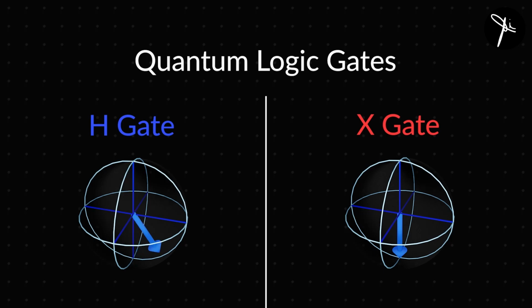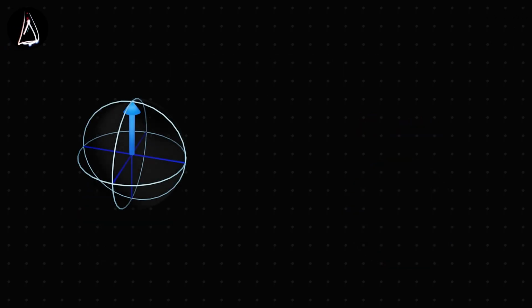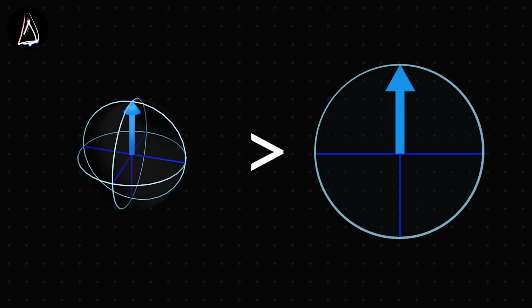From here, applying the H gate brings us to the minus state. If we apply the H gate once more, the qubit is brought back to the 1 state. Because of phase, the H gate applied twice consecutively will always return the qubit to its original state. This is one reason the Bloch sphere is shown as a 3-dimensional sphere instead of a 2D circle.